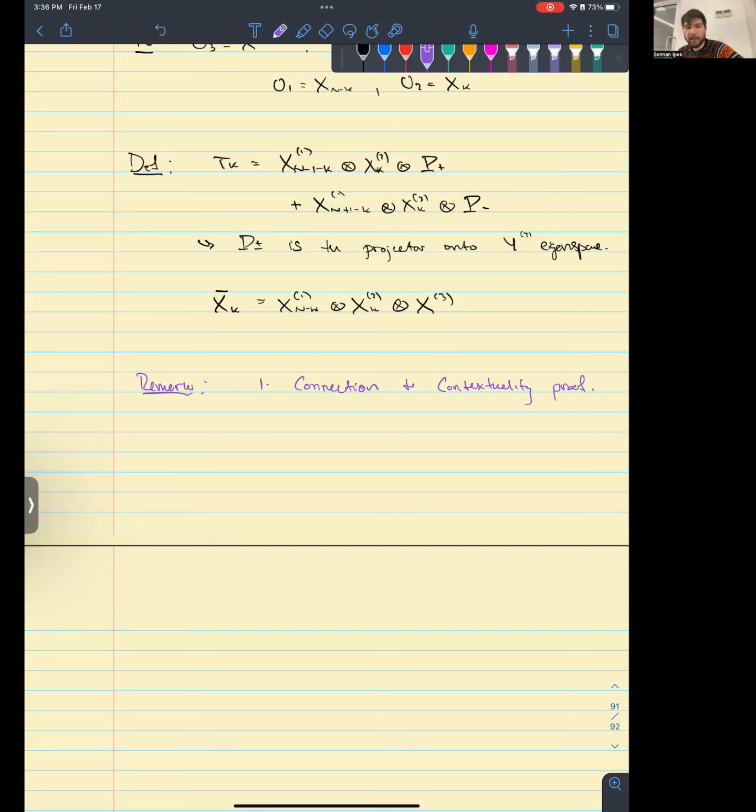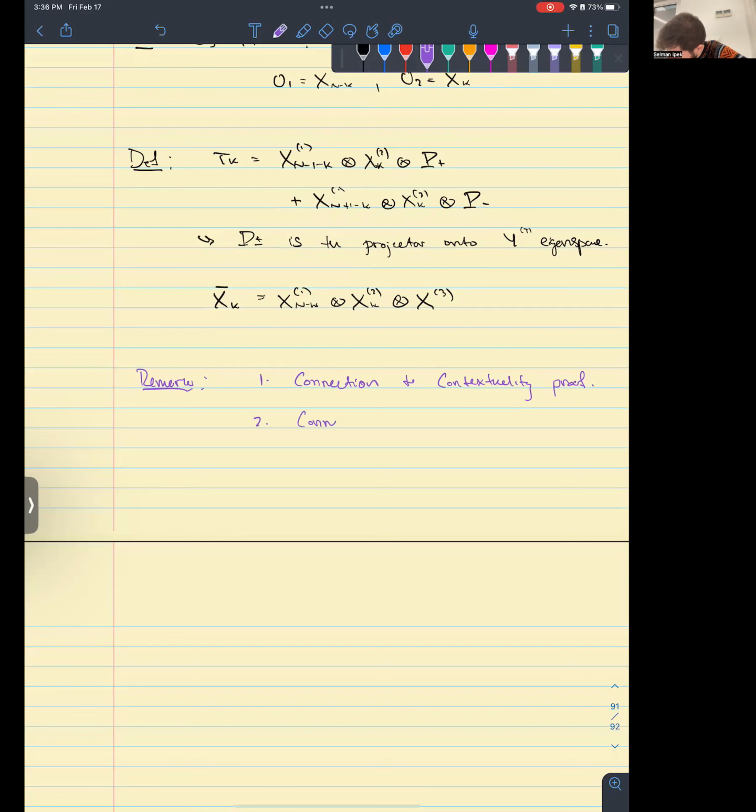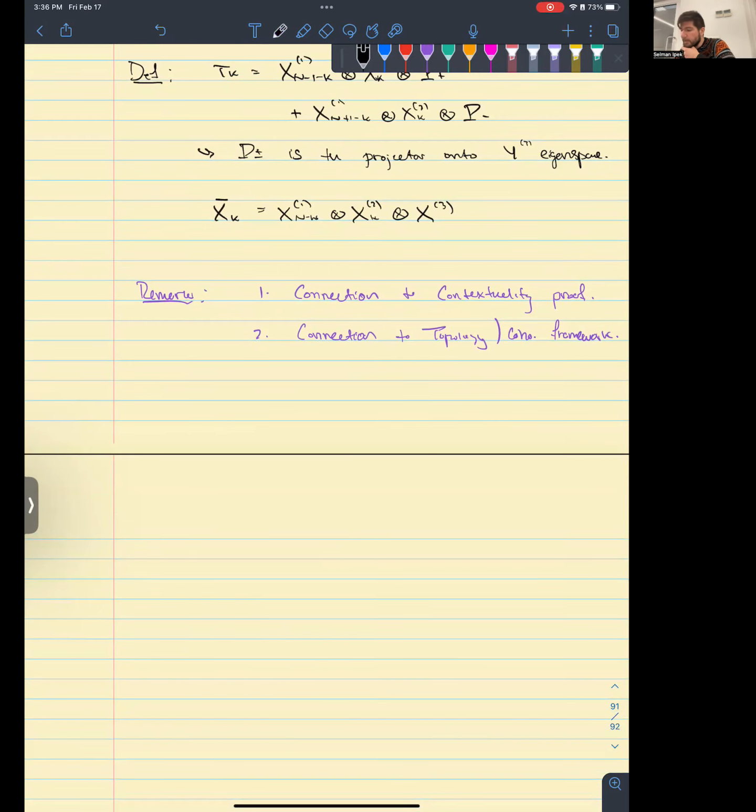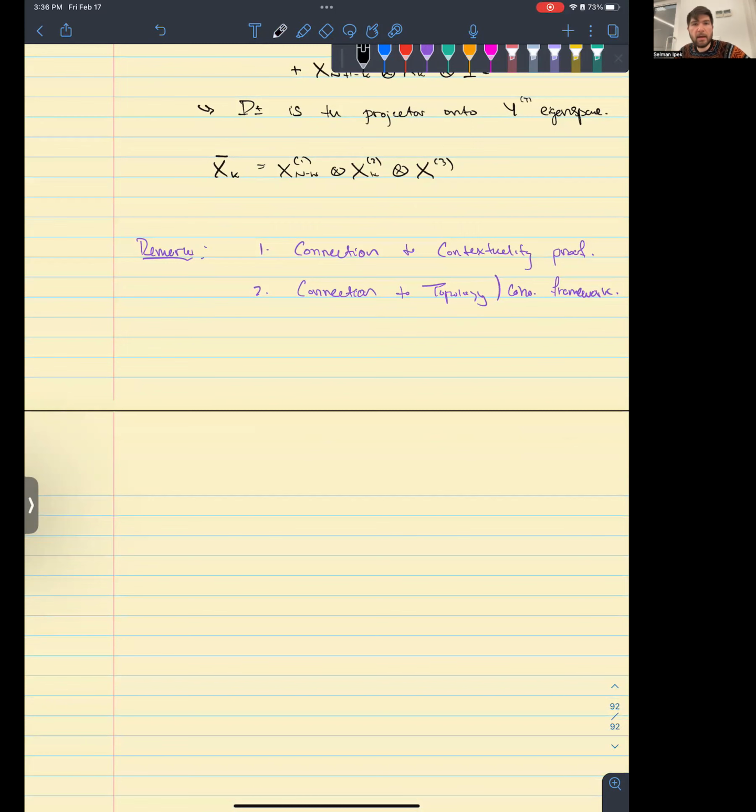That is, do we have something like in the Mermin star example, where you assign some non-contextual value assignment and then run into a contradiction? Two, we want a connection to topology, the cohomological framework. So we want to take the first leg of this, establish a relationship to contextuality, and then see if we can interpret what we're doing topologically.